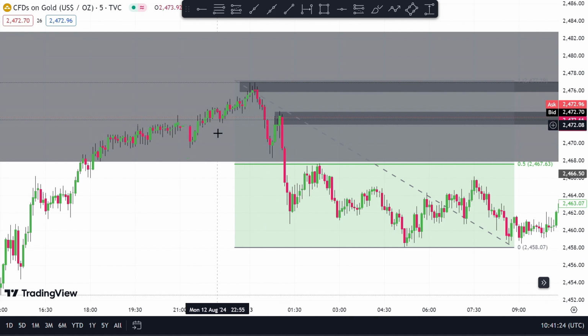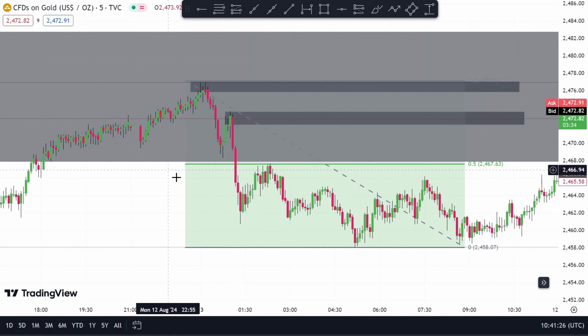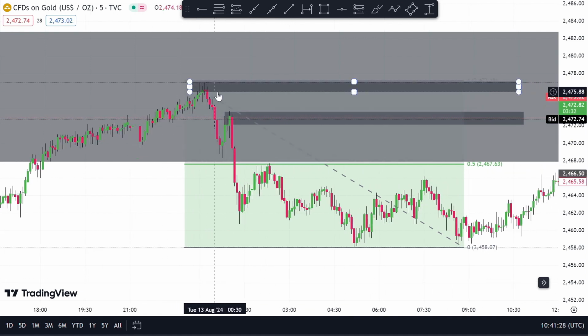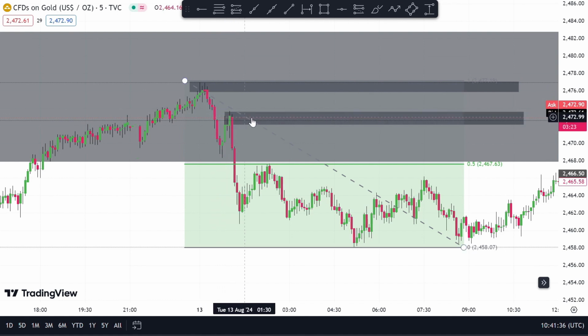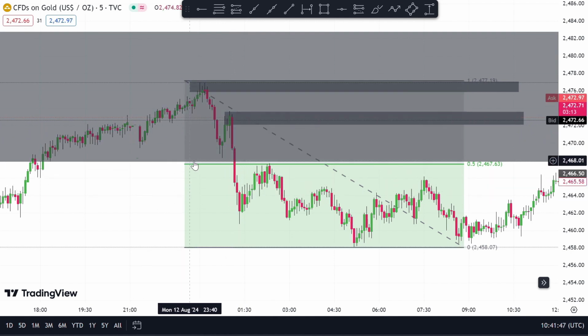So this is our one confluence. Number 2 is that this was the highest point price went to. This was the point where supply entered into the market. And number 3, this was also a supply zone where sellers entered into the market, causing this huge second move.